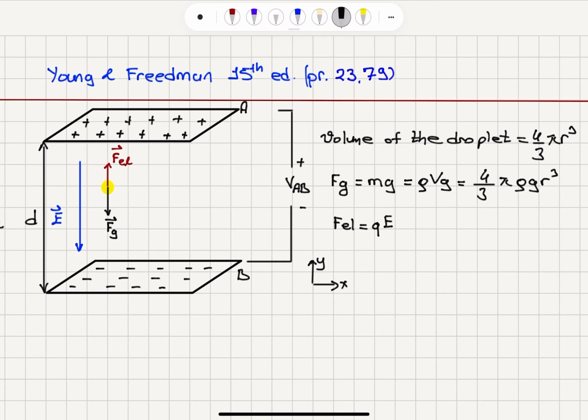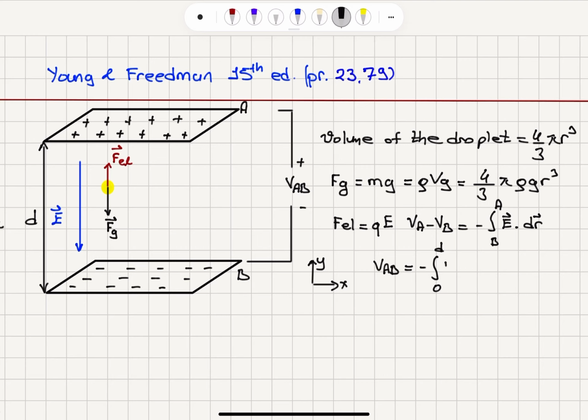The potential of A with respect to B, VA minus VB, is minus the path integral from B to A of the electric field dot product with displacement dr. So we find that VAB, potential of A with respect to B, is minus the integral as y goes from 0 to d, because this is the y-axis I have defined here, and B is at the y equals 0 plane.